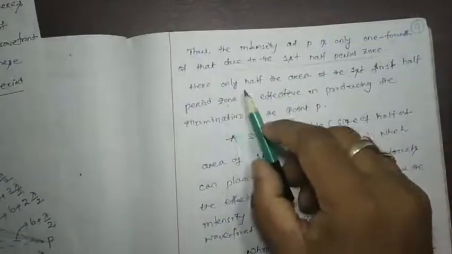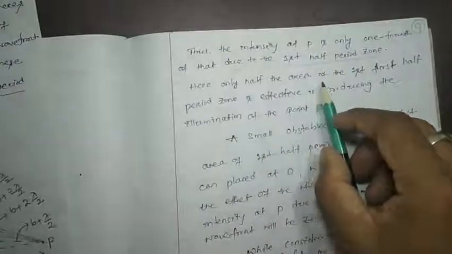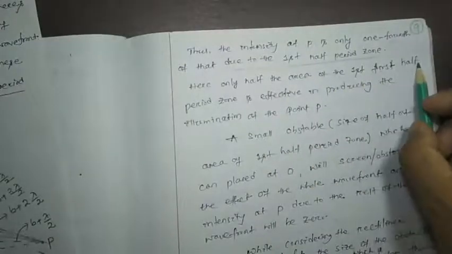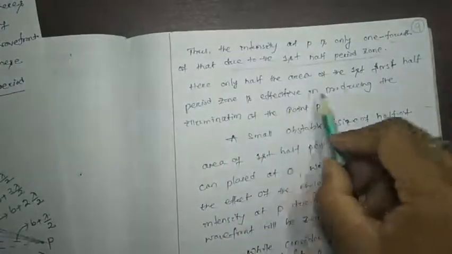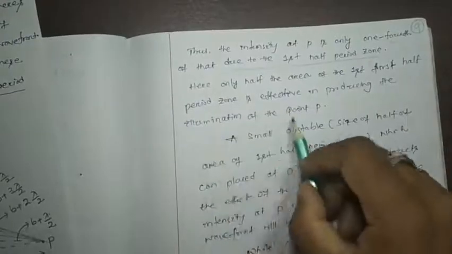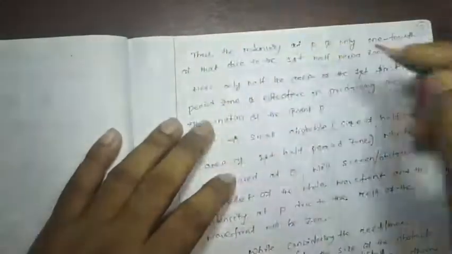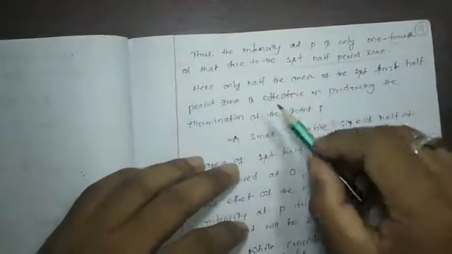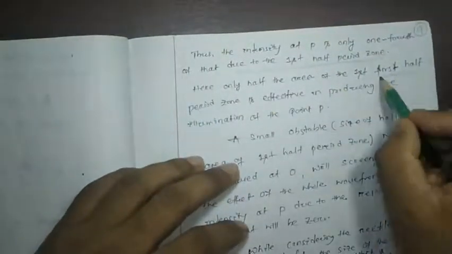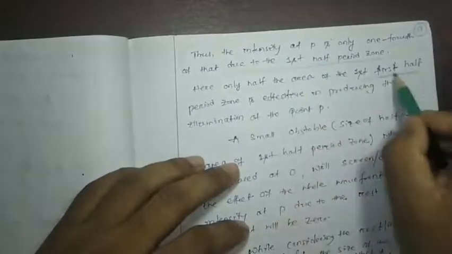Here only half the area of the first half period zone is effective in producing the illumination at that point. So from this discussion, this amplitude can be produced by even the first half of the area of the first half period zone.